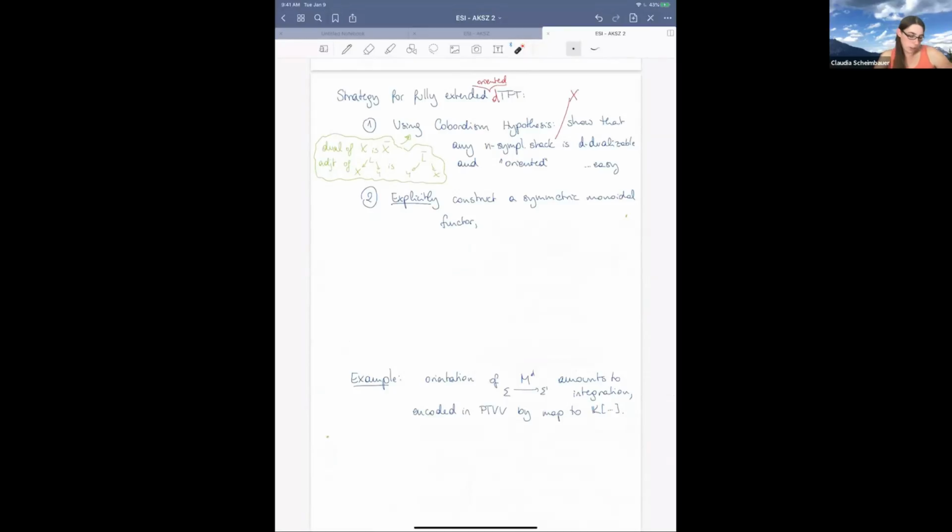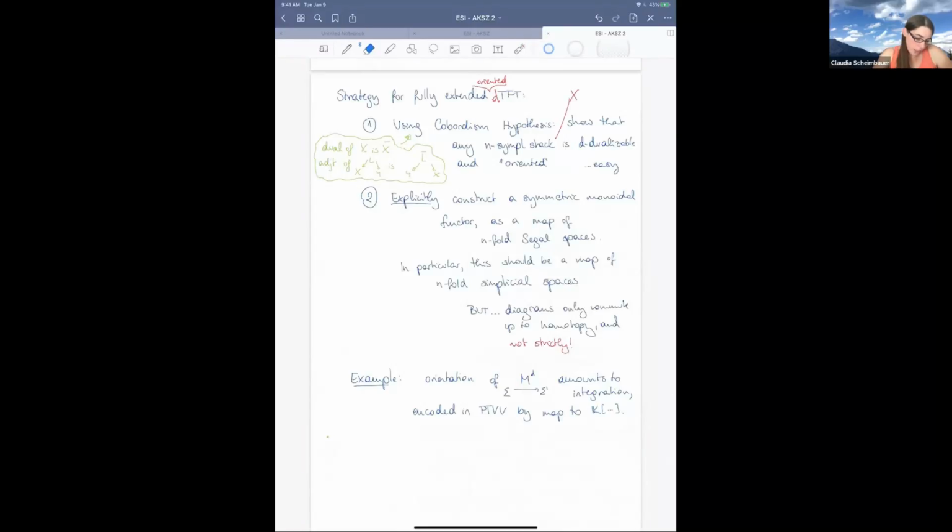So our goal was really to construct a symmetric monoidal functor of infinity n categories. And what does that mean? In fact, we construct it as a map of n-fold Segal spaces. Then we also have to deal with a symmetric monoidal structure. In particular, this should be a map of n-fold simplicial spaces.